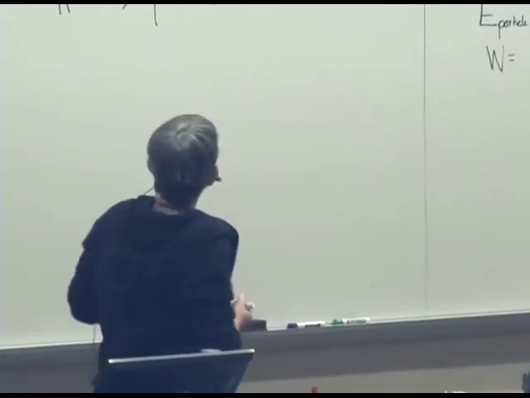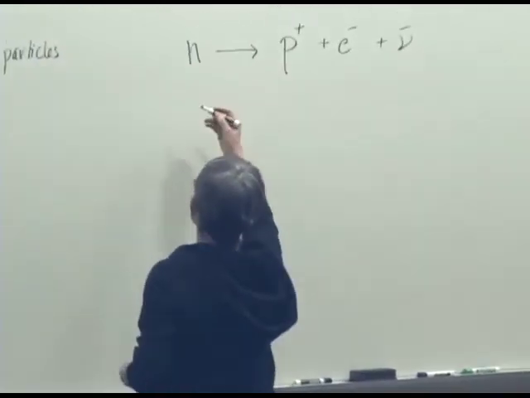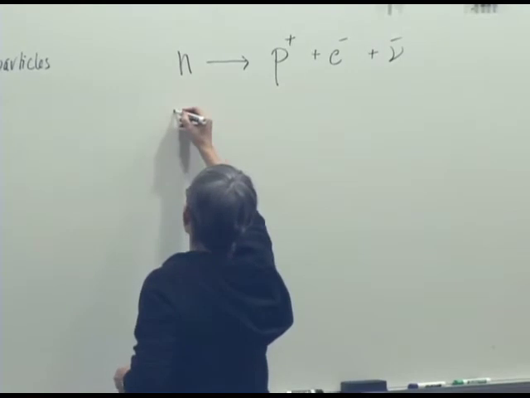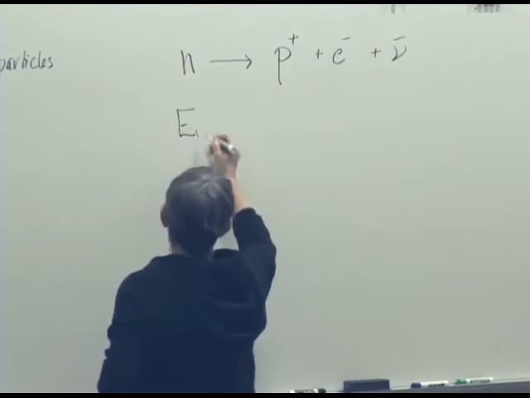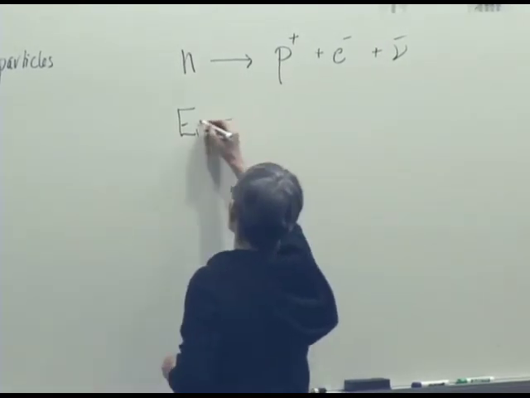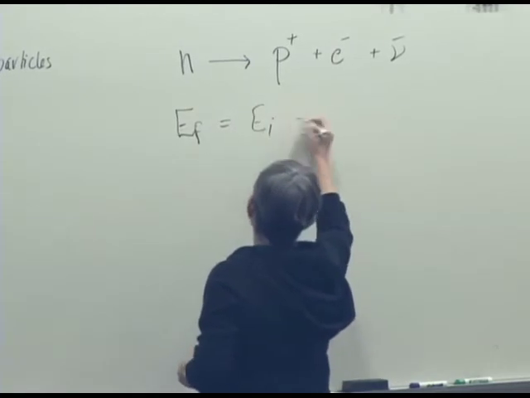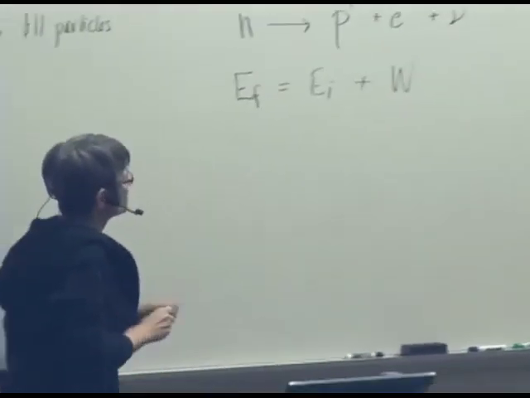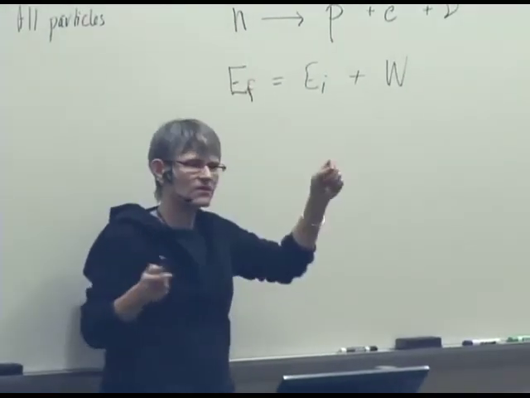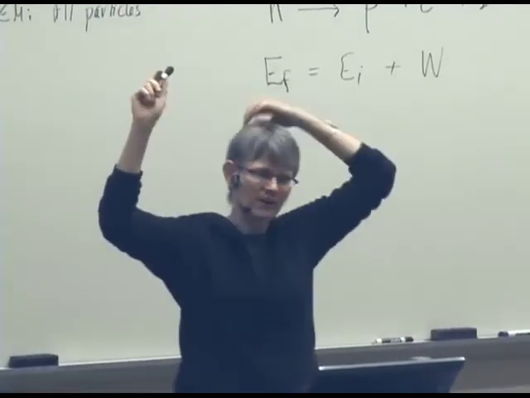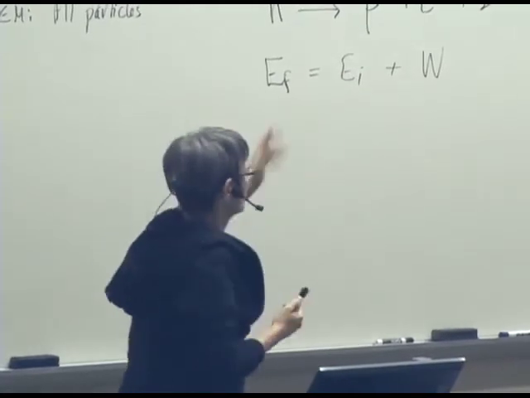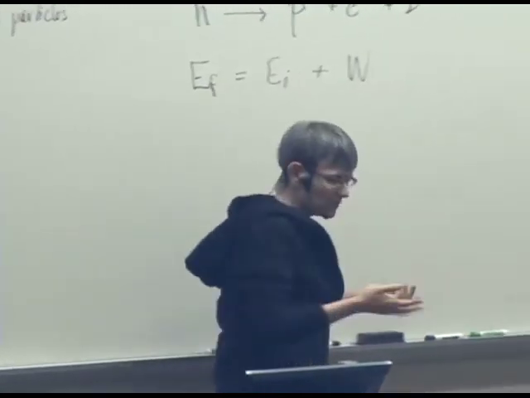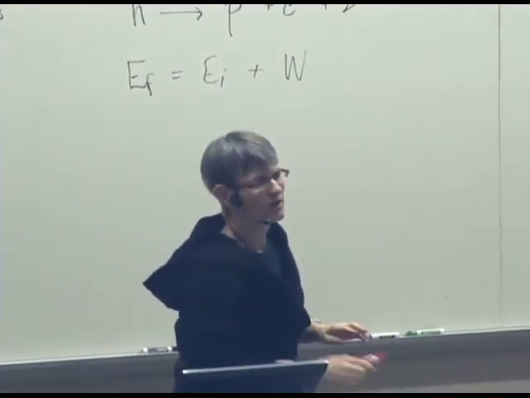And so what we're going to do is write the energy principle, E final is E initial plus work done by the surroundings. And since we're going to take our neutron in outer space where it's far from anything, there really isn't going to be any significant work by the surroundings.